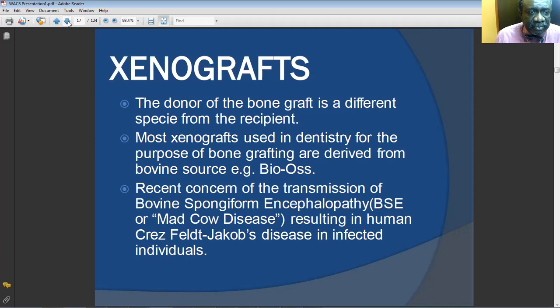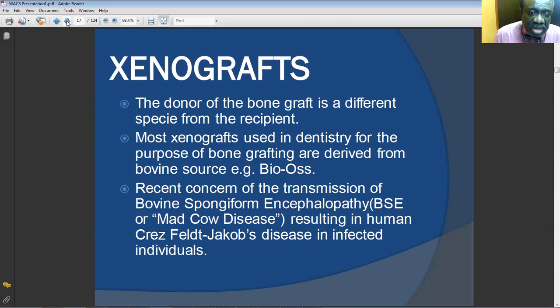And the next is the xenograft. The donor of the xenograft is a different species from the recipient. So the xenograft can come from cow, pig, can come from horse. You know, it's just not a human.